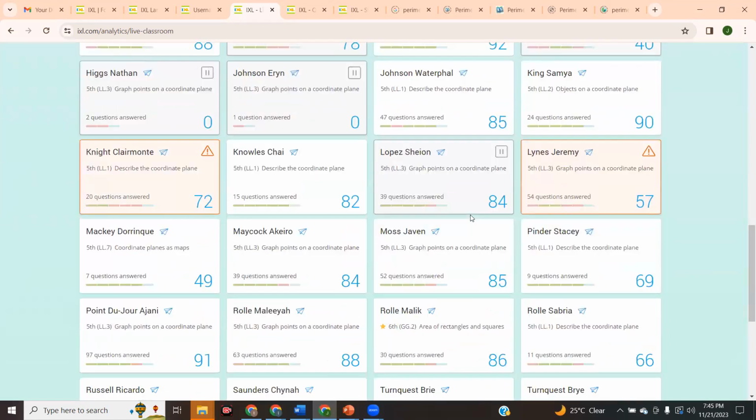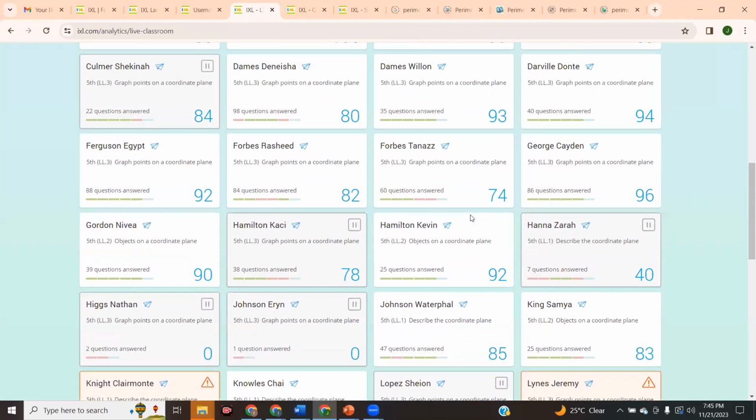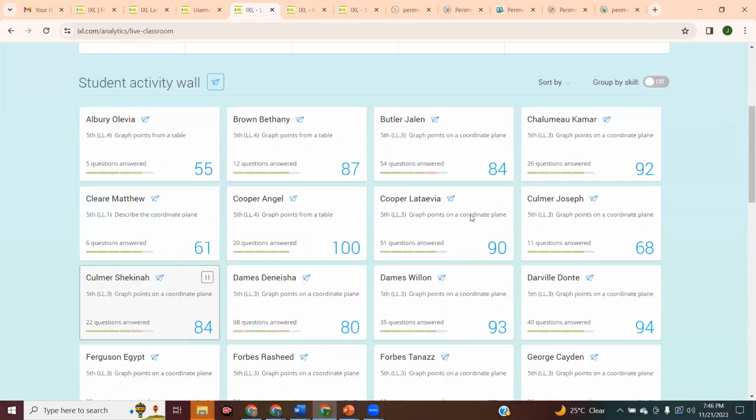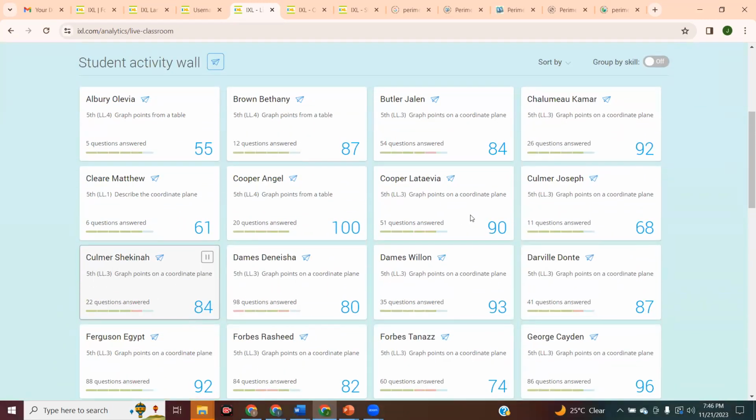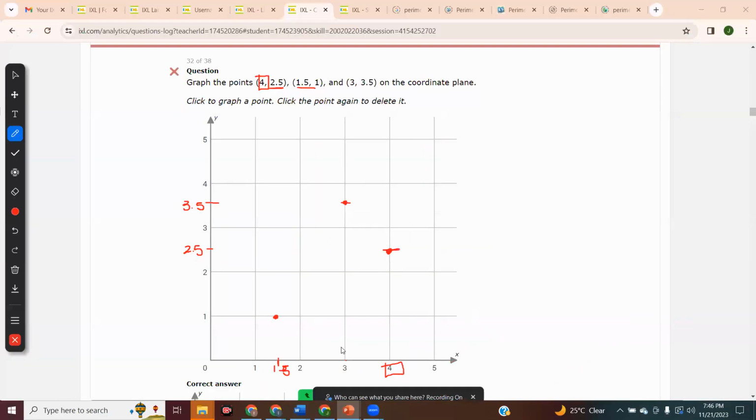Shion, why are you still stuck? They're still trying to. I get it. I get it. You sure? Yes, sir. Okay. Shekinah Kalma, Shekinah? Yes, sir. Why are you still stuck? I'm trying to figure out how to do the decimal ones. All right, if you're trying to do the decimal ones, something like this. They asked for 4 and 2.5, right? Yes, sir.